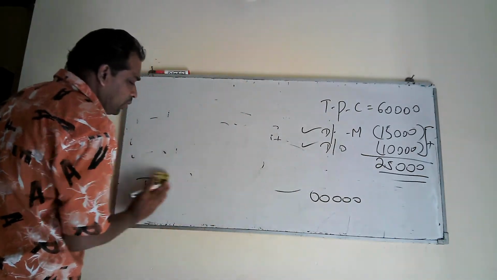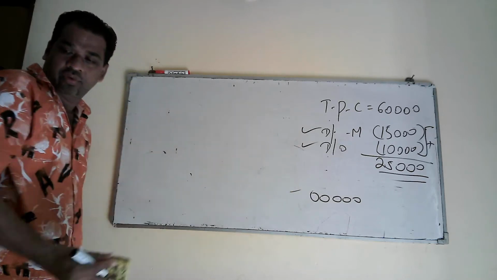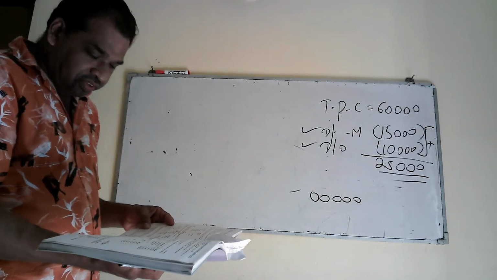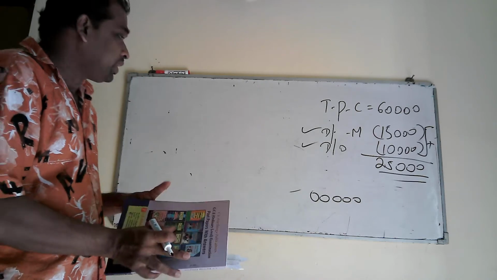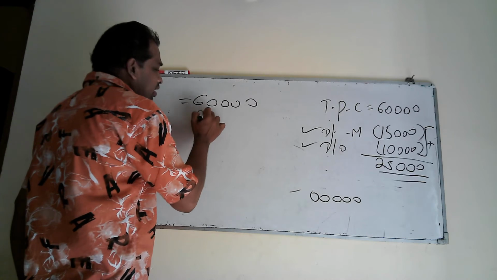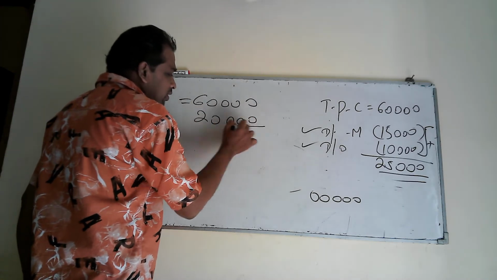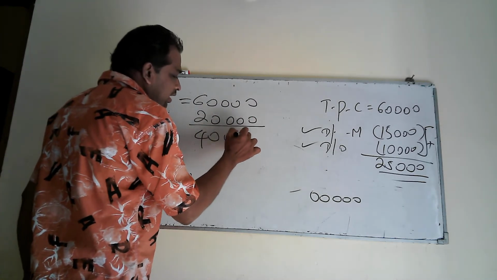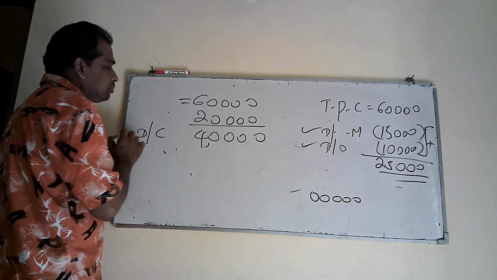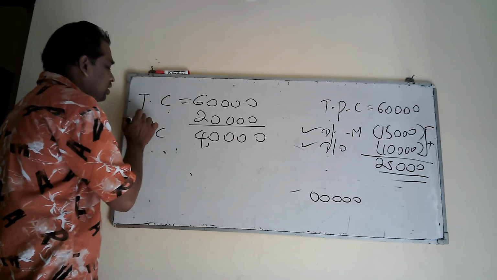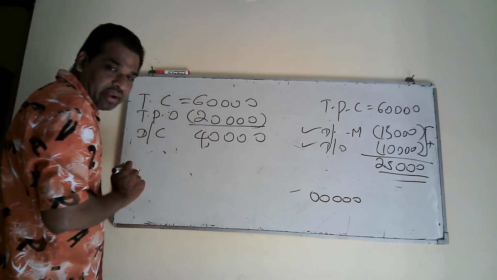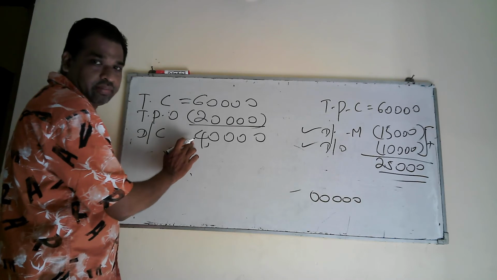Total production cost 60, production overhead 20. You deduct this one from 60,000 and take 40,000.